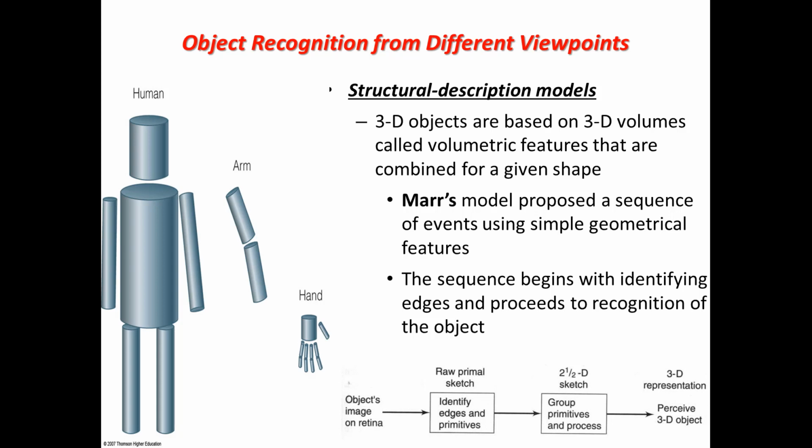So when an object's image falls on the retina, we first derive contours and identify edges and primitive features like color and contrast and brightness. And then those are grouped progressively into some form of a sketch.